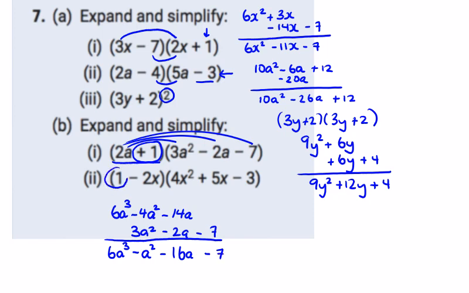Similarly here, we have a 1 by the bracket, so it's just going to be the bracket itself, 4x squared plus 5x minus 3. And then we have minus 2x by the whole bracket, so minus 2x by 4x squared is minus 8x cubed.